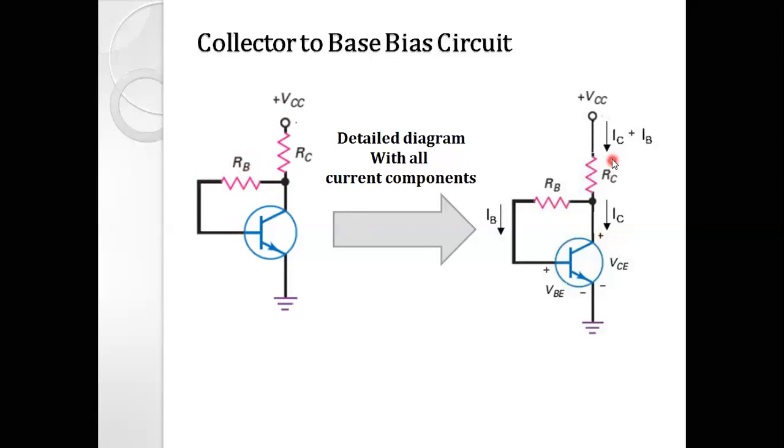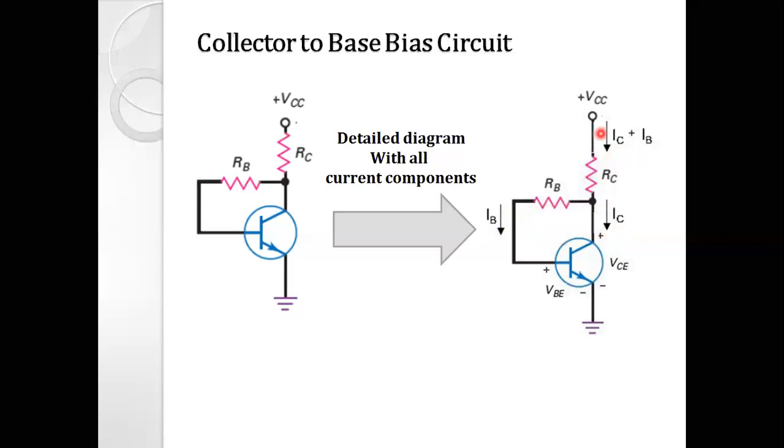You can see that the current through the RC resistor is nothing but IC plus IB. Why? Because IB is flowing through the base terminal and IC is flowing through the collector terminal. So there is a junction over here. From this point onwards, on the upside, the current flowing in the circuit is the addition of these two divided currents, IC and IB.